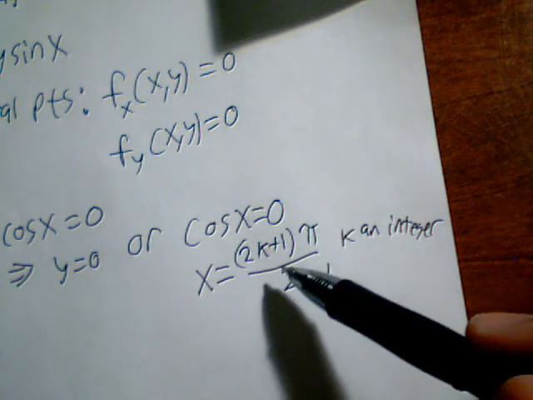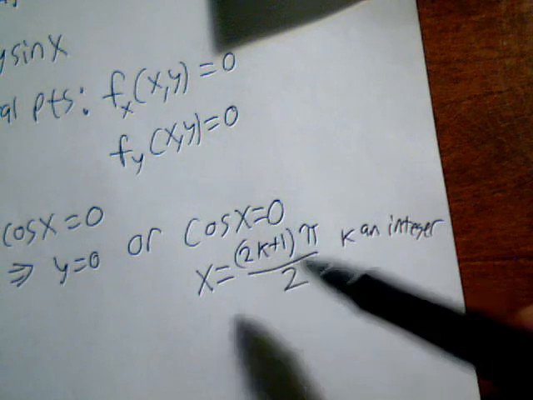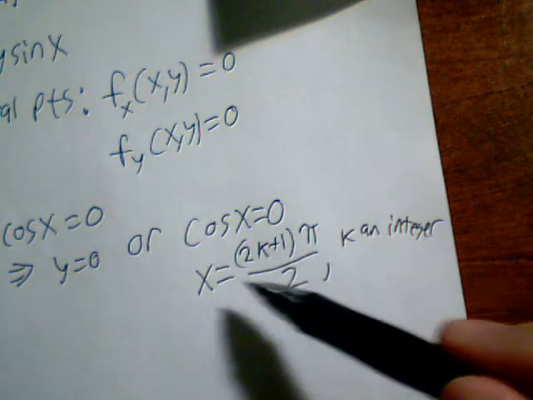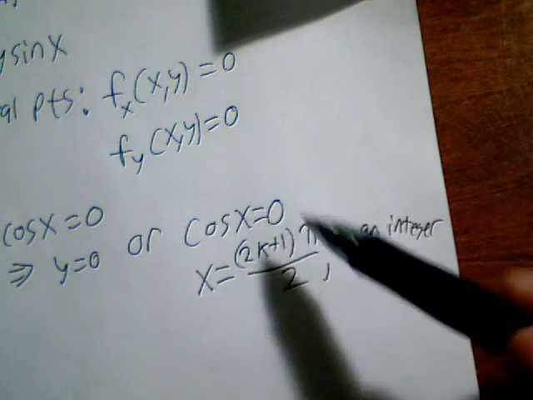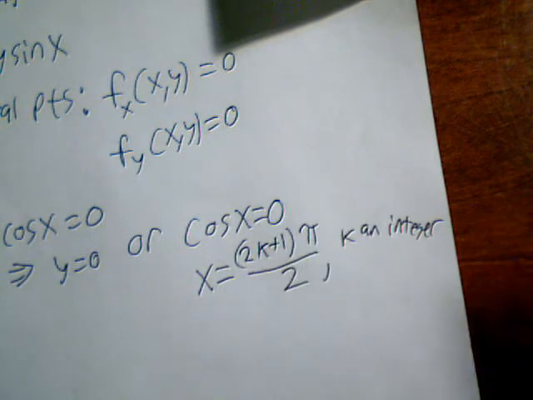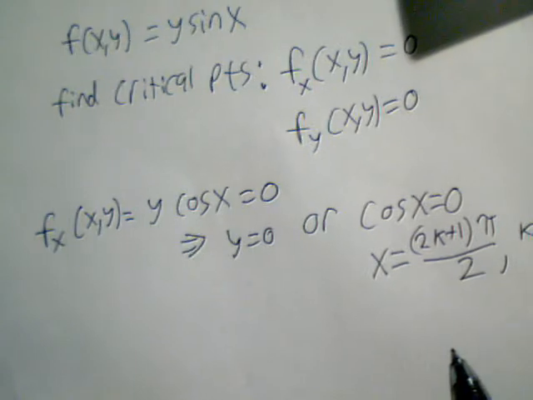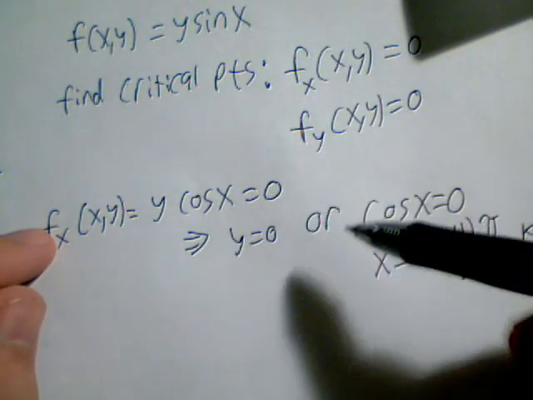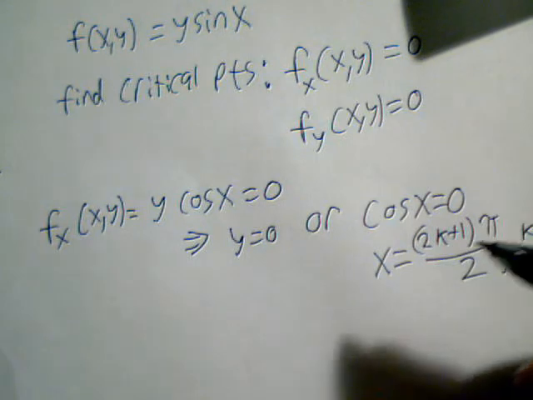You likely won't see a problem where you have to do all this on a quiz or exam, but it's good to know that cosine of x is 0 at all of these points. So back to the point, we're looking for critical points, so the partial with respect to x is 0 if y equals 0 or cosine x equals 0.